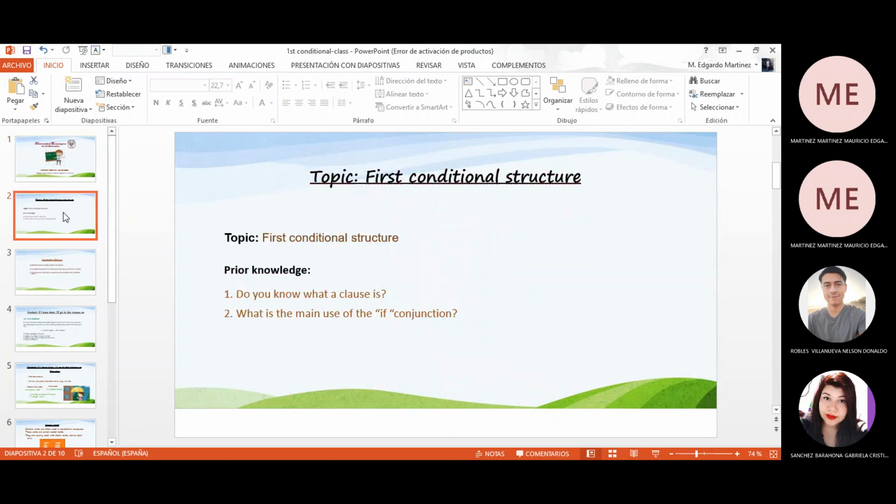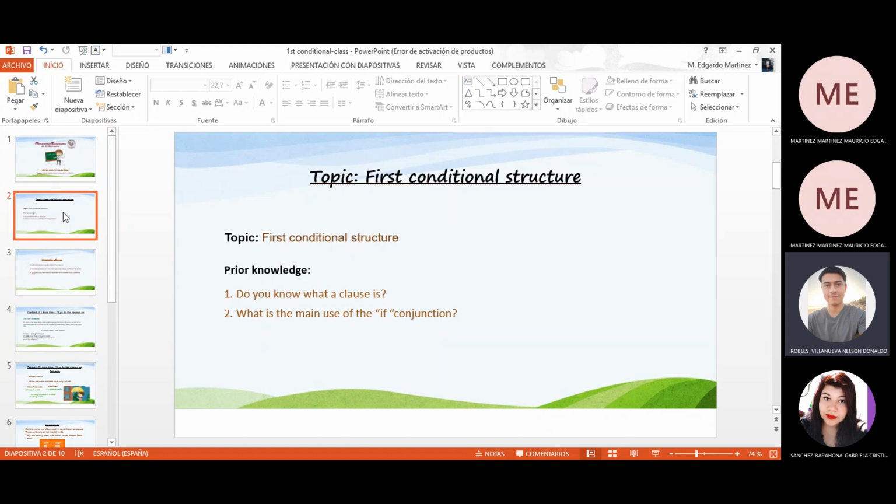What we are going to see today is about the first conditional structure. But before we start, I would like to ask some of you, do you know what a clause is? No, I don't have any idea about it. Okay, thank you. And you, Robles, do you have an idea?